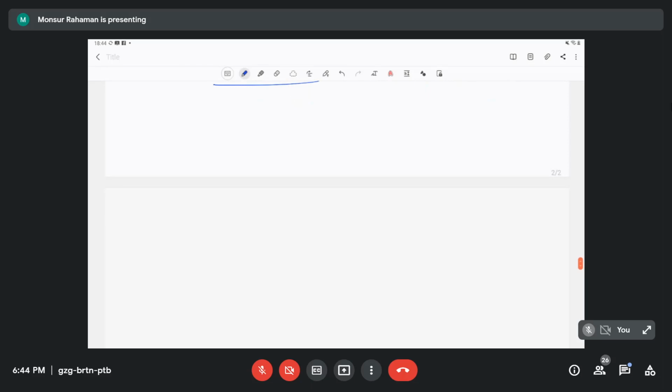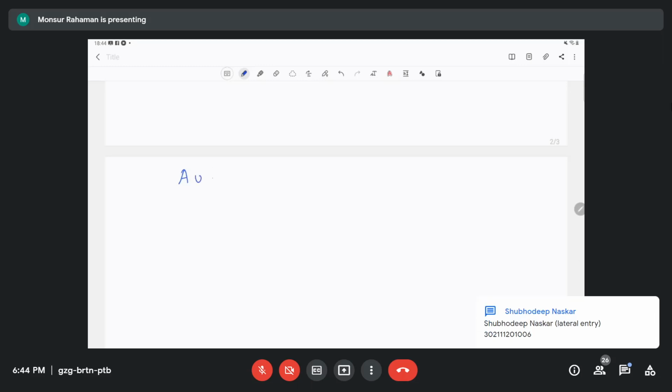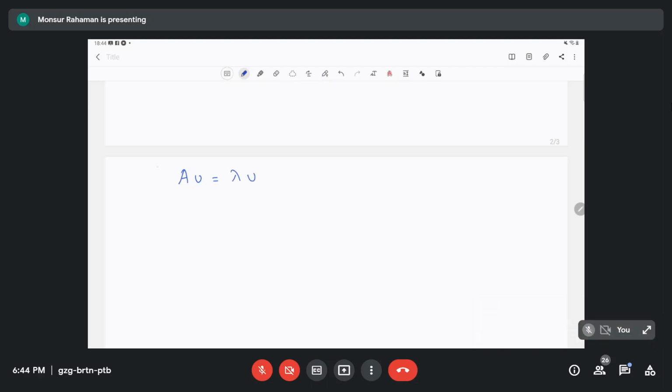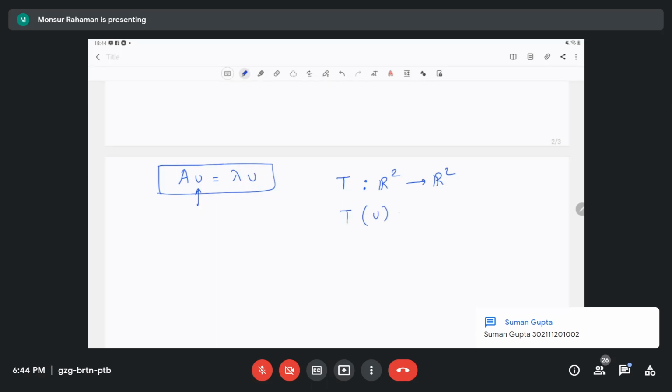First comes the eigenvector, then come the eigenvalues. So for any matrix, if you can write Av = λv for a non-zero vector v, then we'll say this is an eigenvector. Okay, so it is like a linear transformation. It is a little easier to think of this as a linear transformation. For example, R2 to R2, it is like you send a vector and you get another vector, a multiple of the same vector.